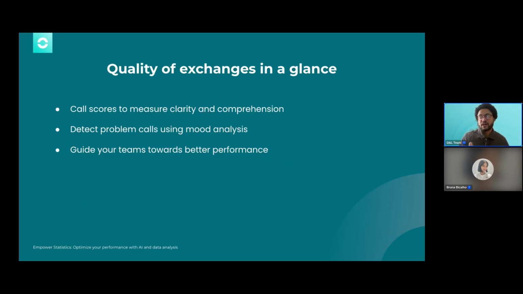Is the contact clearly understanding what the agent is saying? So all of these criteria will be analyzed by the AI, and the AI will give a score to the call from 1 to 5. So for the moment, the score is not customizable, so you cannot change the criteria. But very soon, you will be able to customize the criteria to automatically score your calls.